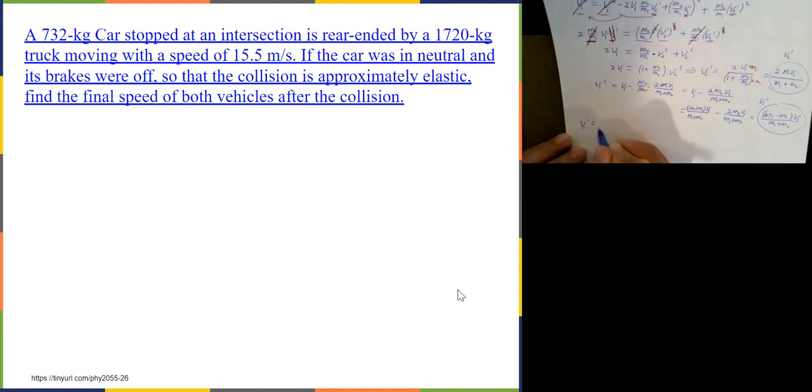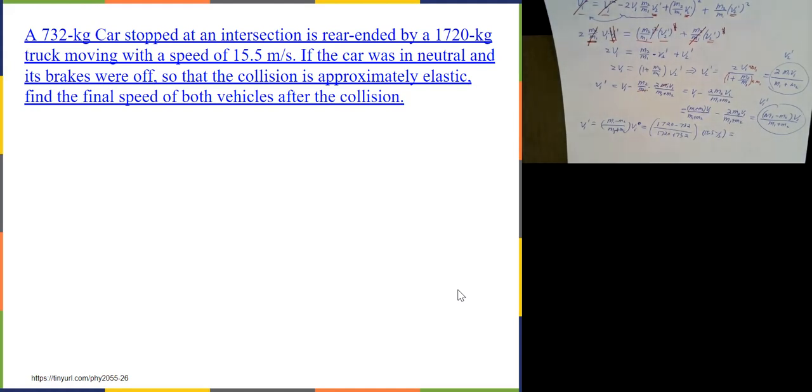So V1 prime should be equal to M1 minus M2 over M1 plus M2 times V1. So it's 1720 minus 732 kilograms divided by 1720 plus 732, all in kilograms, and then times the initial speed of 15.5 meters per second.